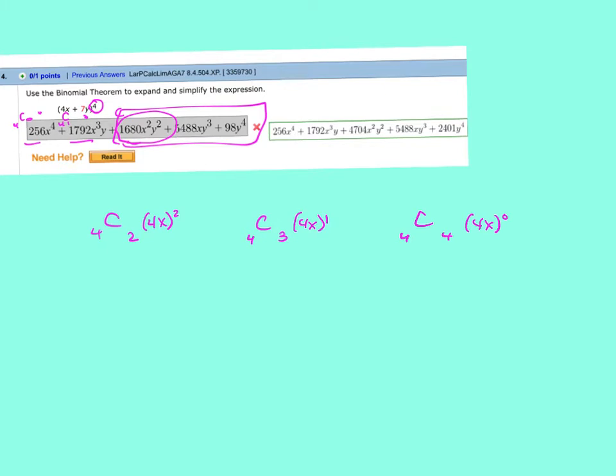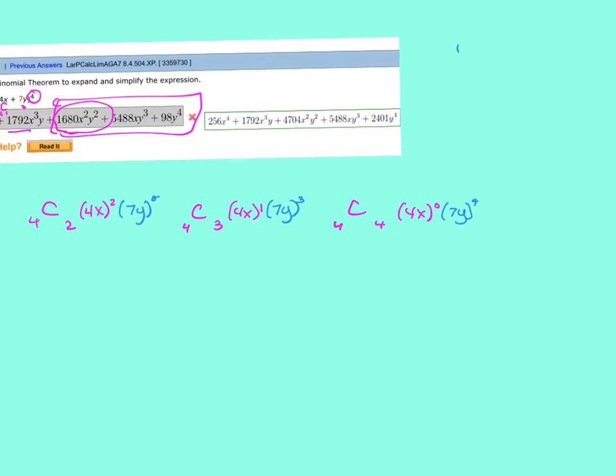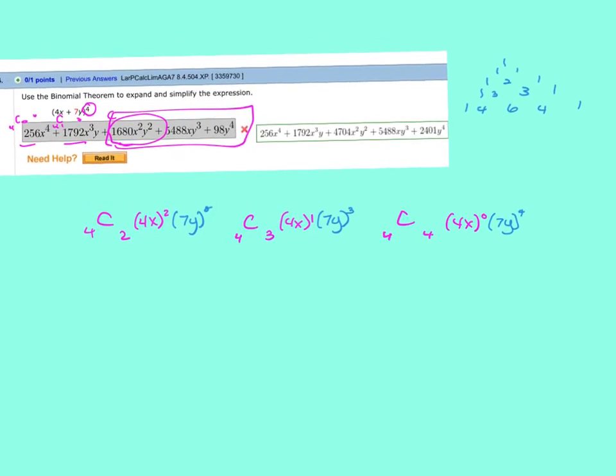And the other way for the 7y, this would be 7y to the 2, 7y to the 3, 7y to the 4. C(4,2) is 6, C(4,3) is 4, C(4,4) is 1.